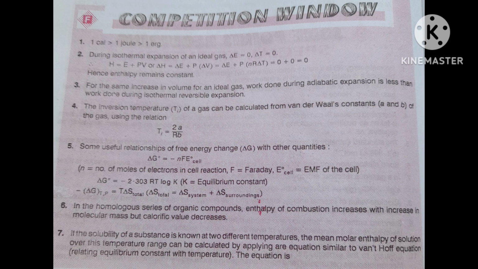Now the third relation, which is also related to free energy. It is delta G at constant temperature and pressure. You write delta G, and in a bracket, with subscript T comma P, meaning at constant temperature and pressure.